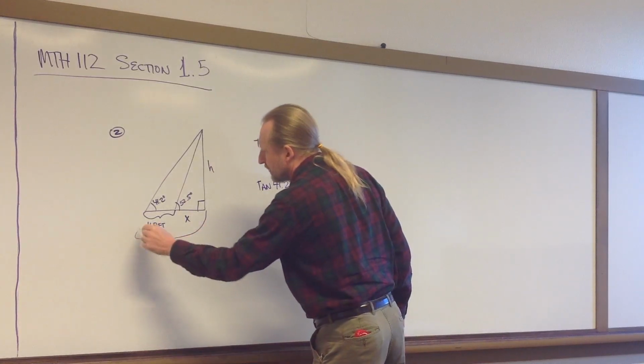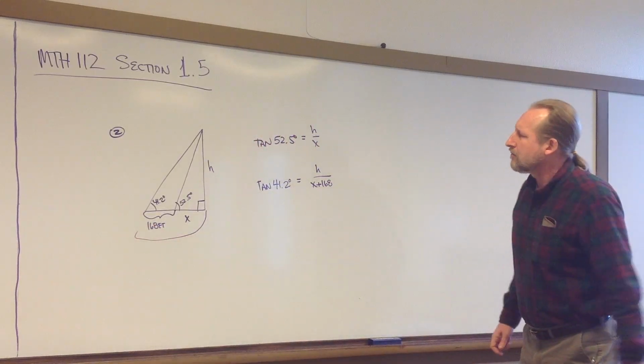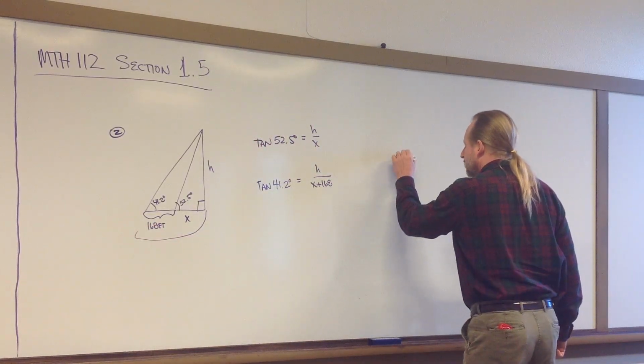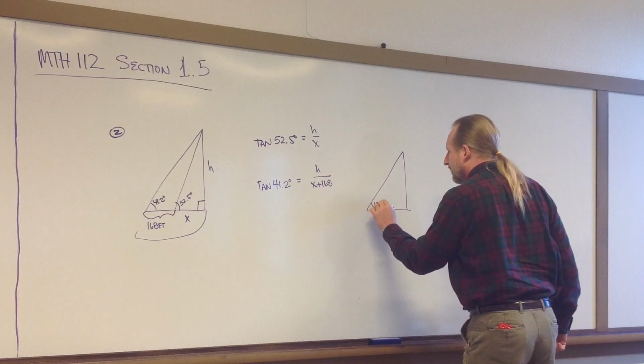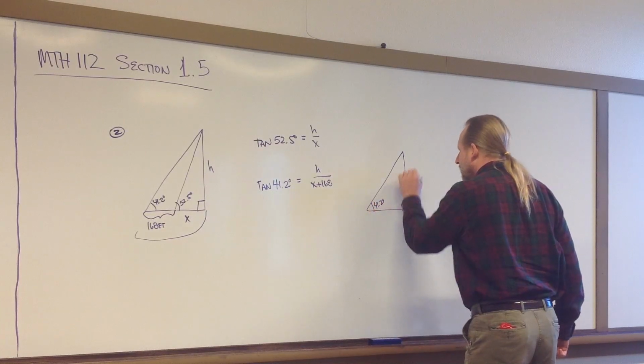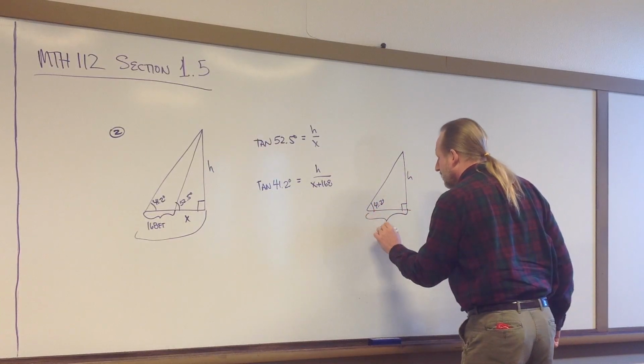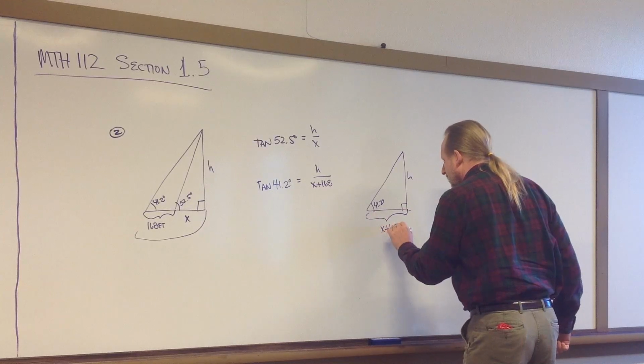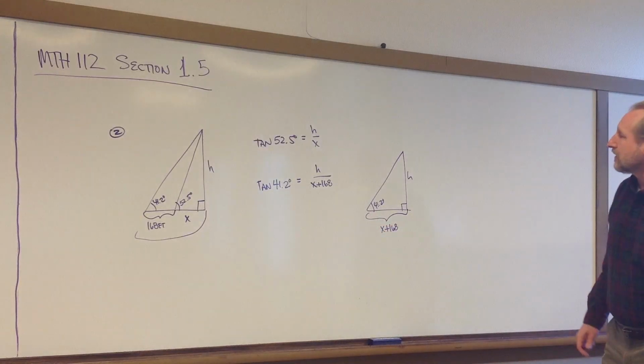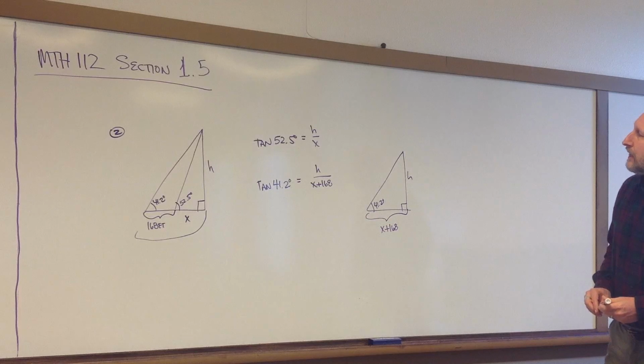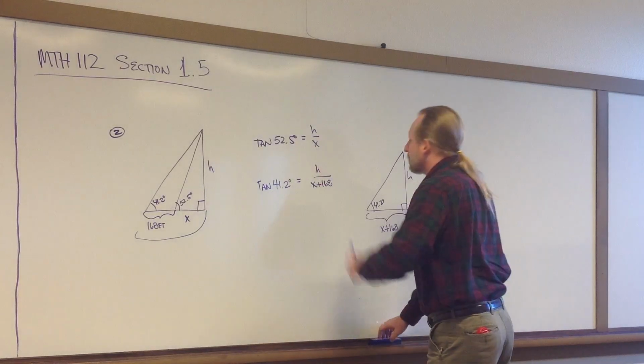This whole distance right here. If we look at that larger triangle, we've got that 41.2 degrees, h here, and the adjacent side is x plus 168. Okay, so there's our two equations.